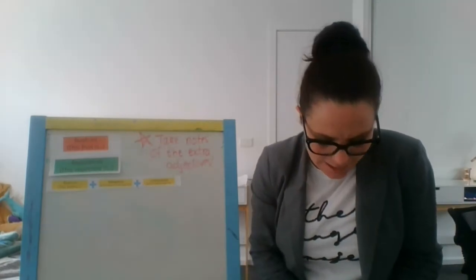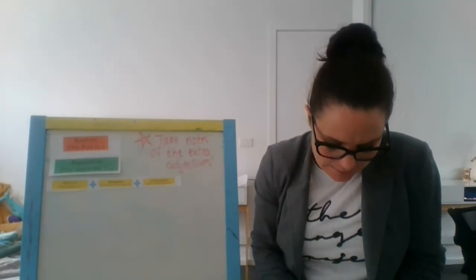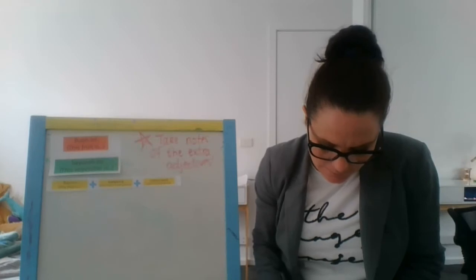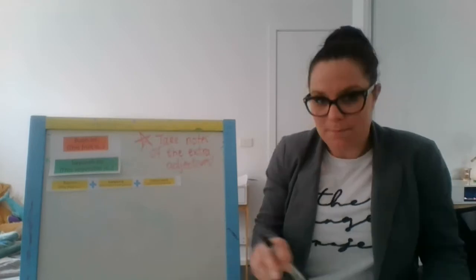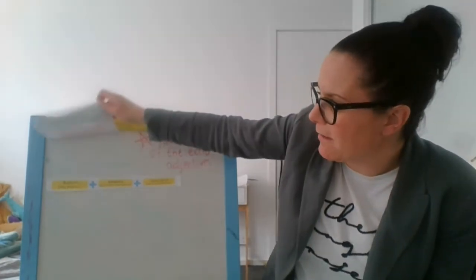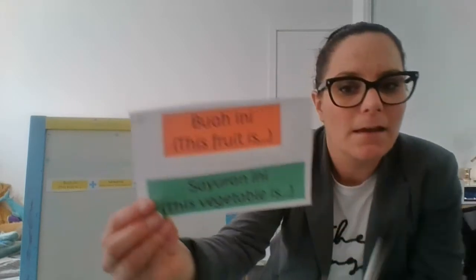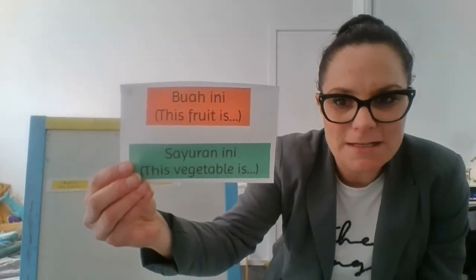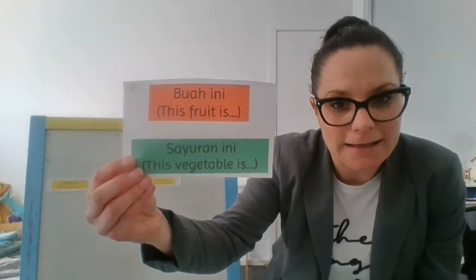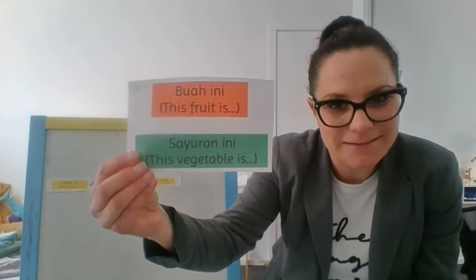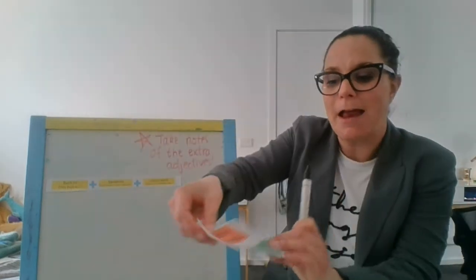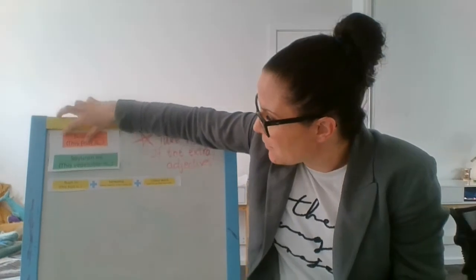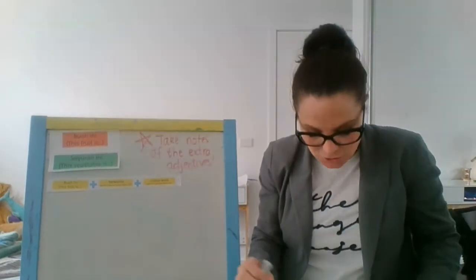Sayuran ini, so I start with the same sentence. Remember, our sentences start with either buah ini, this fruit is, or sayuran ini, this vegetable is. Okay, so pick that one and run with it. Use that in both sentences as you're writing.